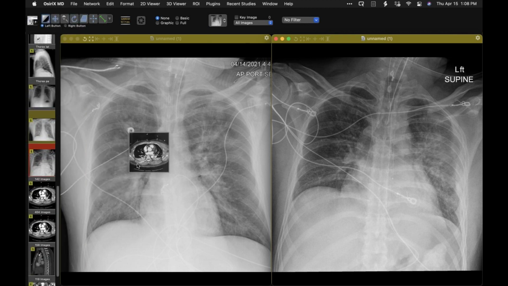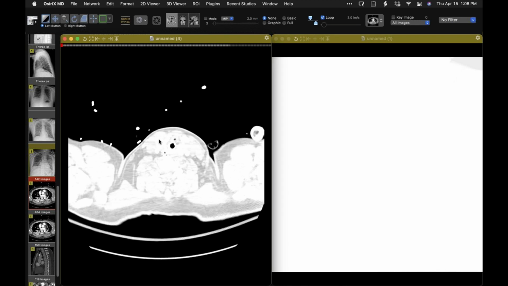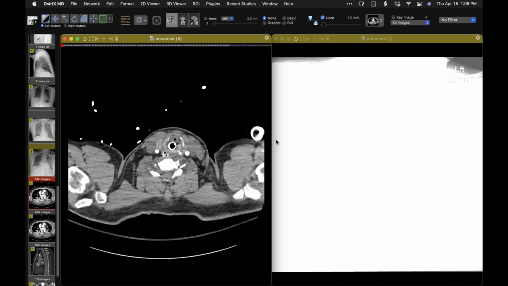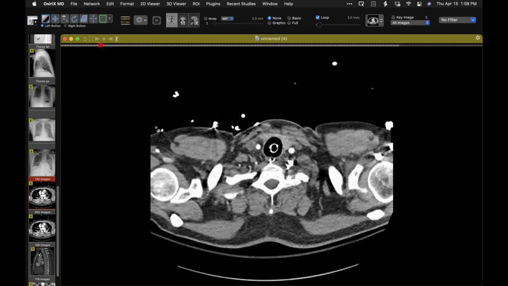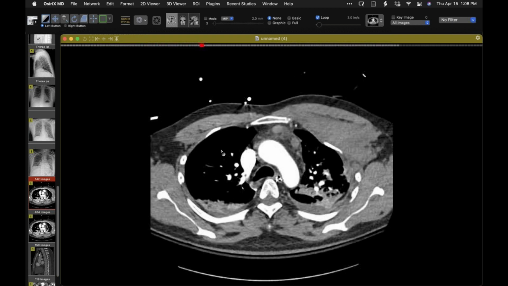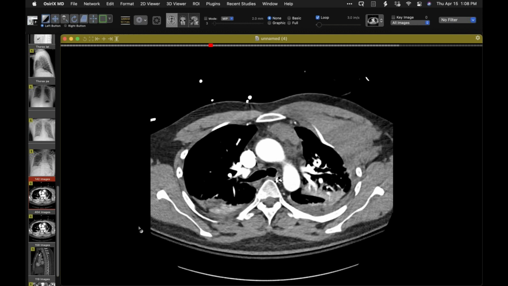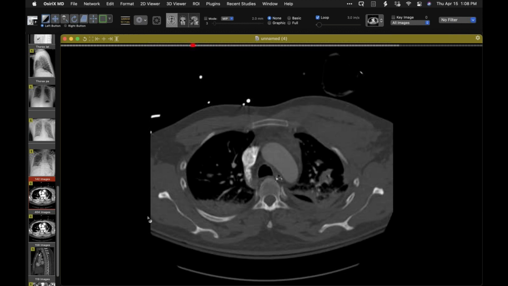I'll show you another case that came in also today. So I don't have complete information, but I can tell you that, and this is from the outside, the patient is intubated with some acute respiratory failure, but the following radiograph, which is this one, was the one that showed substantial change.